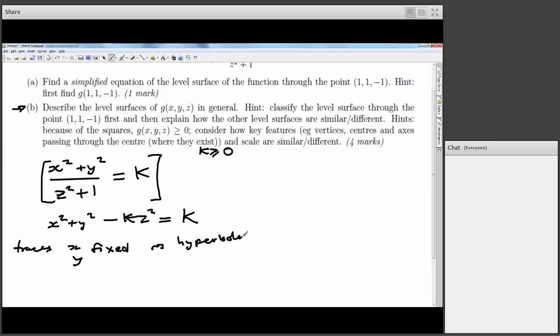Let's be more precise, I should spell this out. So for example, if you fix x, you get y squared minus kz squared is equal to a constant. So you fixed x, you get that sort of thing.